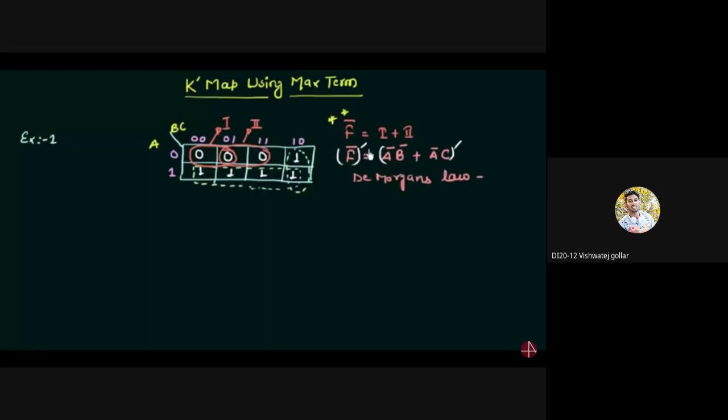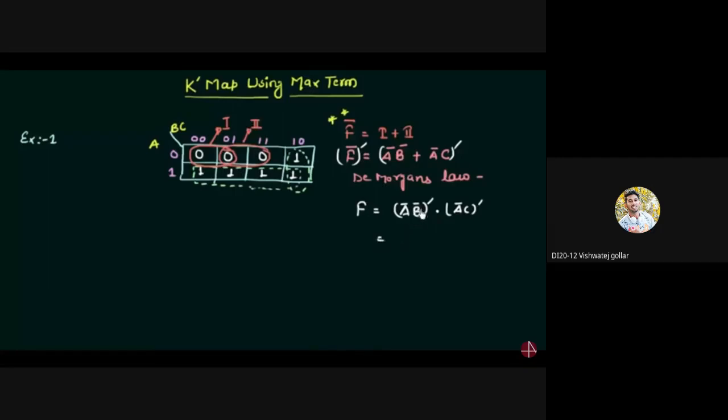You know F complement and then its complement is F, and by using De Morgan's law, I hope you know what is De Morgan's law. We have completed it in the earlier lectures. So this is something we are going to get after applying De Morgan's law.